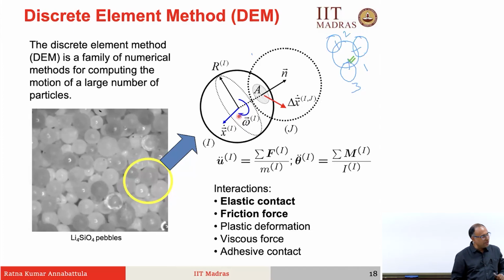So, when I say sigma Fi on the particle, on this particle I have force coming from contact pair 1, force coming from contact pair 2 and force coming from contact pair 3. Agreed?